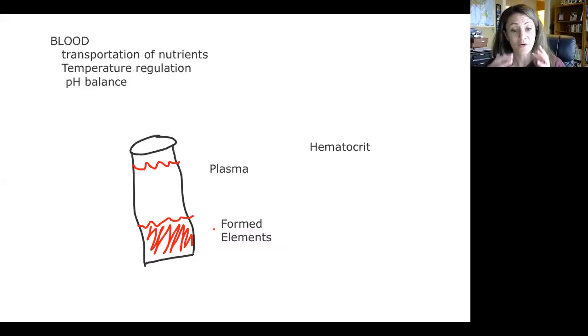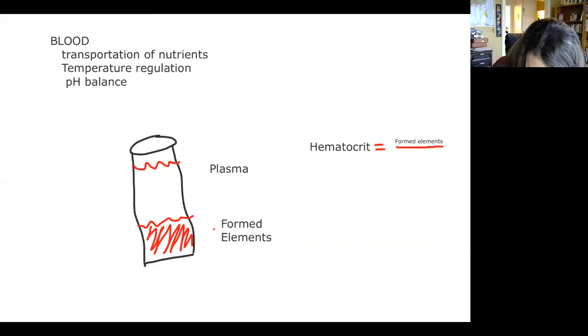Okay, so to figure out what percentage of your blood is formed elements, we would say hematocrit equals formed elements divided by total blood volume.